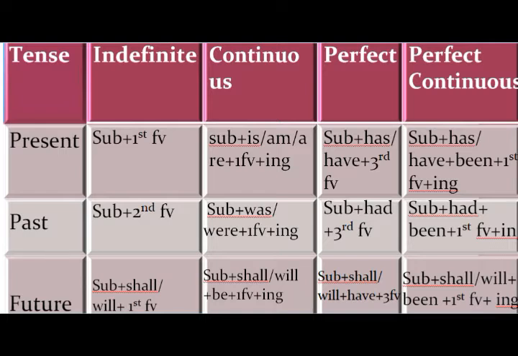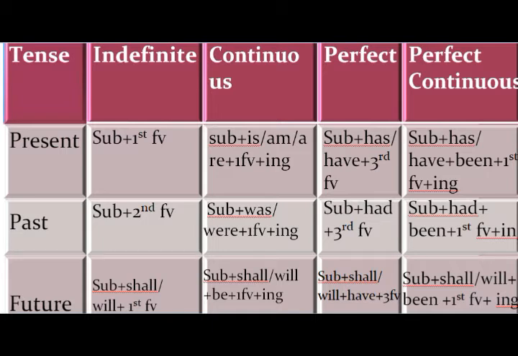See, if we see again in all the three tenses, means present, past, and future, present perfect tense, past perfect tense, and the future perfect tense, one thing is common in all three, that is third form of verb. Means in perfect tense, we always use third form of verb.